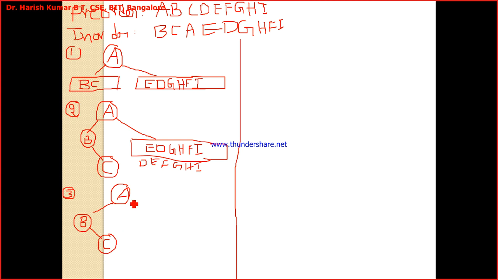Now I have found the right child of A, it is D. In this D again, I have to find whether the nodes will come as the right child or the left child. D is here towards the left, so A, B, C are there. That means A, B, C have already taken their position. That means there is no left child for D, and the rest will occupy the position as the right child.